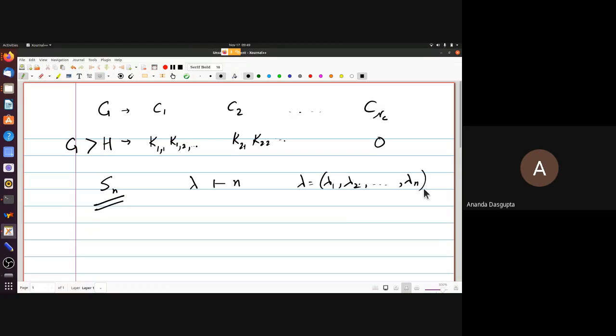Some people insist on this tuple being finite, in particular an n-tuple. Some people insist on this being an infinite tuple with a bunch of zeros at the end. That depends on which book you're reading. But the basic criterion is all these lambdas have to add up to n, and all the lambdas have this property.